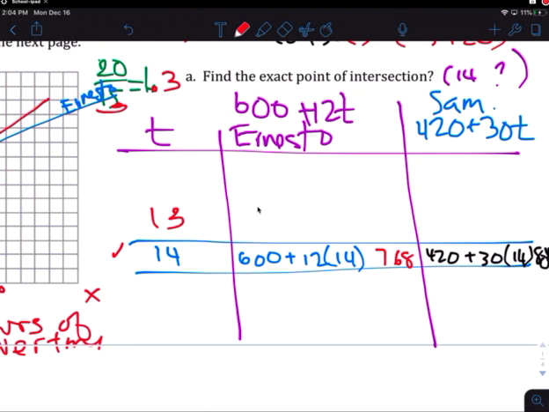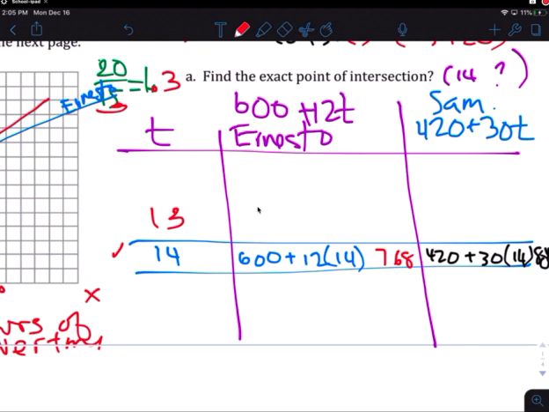Let's see, 600 plus 12 times 14, 786. The other one's 420 plus 13 times, 30 times 14, yeah, 840. Okay.